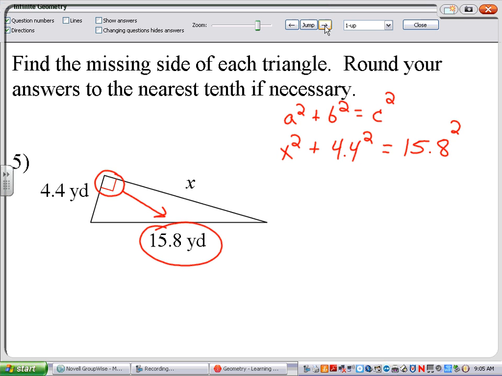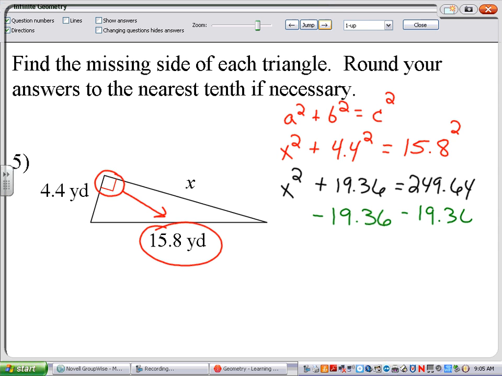So then I'm going to continue. Bring down the x squared. 4.4 squared is 19.36. 15.8 squared is 249.64. I would solve this by subtracting 19.36 from both sides. So this is eliminated. X squared would equal, I'll subtract those two numbers with my calculator, it's 230.28.